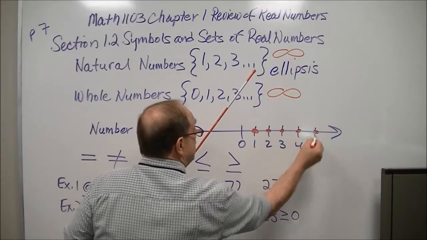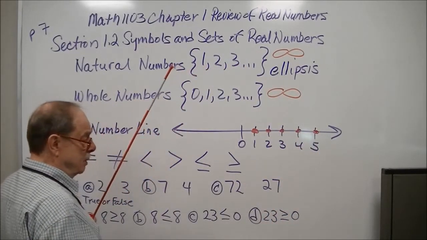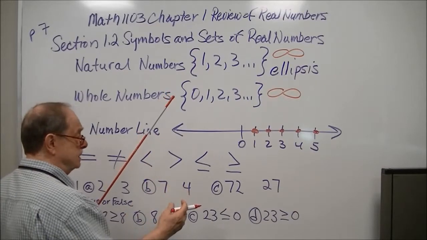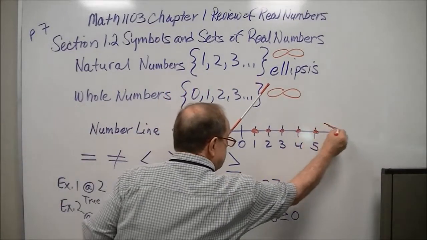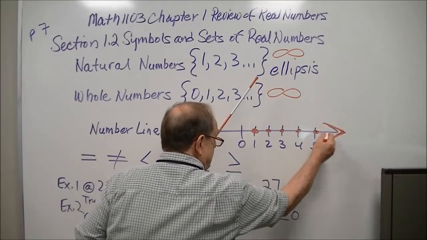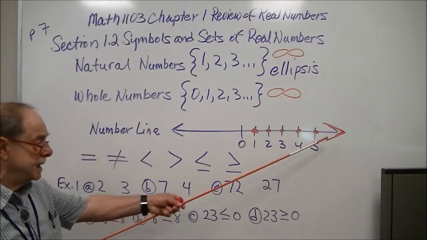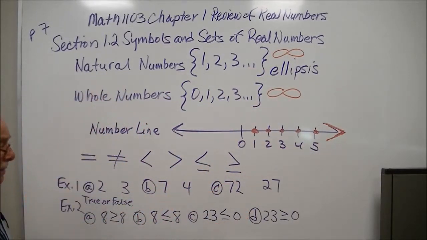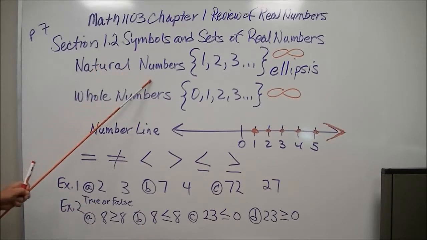Now, we don't have to go on to infinity, but we can show the ellipsis by just indicating that our arrow is, in a sense, our ellipsis, that it goes on to positive infinity. Well, that's the number line graph of natural numbers.